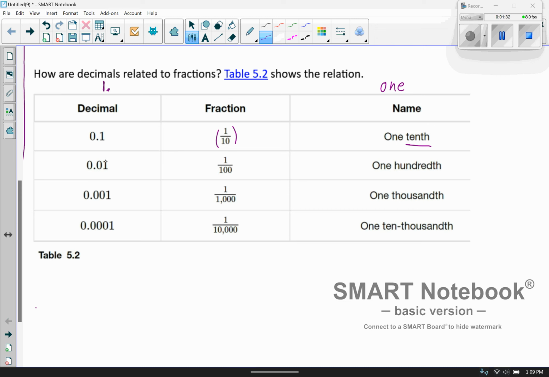Every time you divide by 10, you're going to get that extra zero place value. That's the same as 1/100th. You'll notice that we have the TH on the end of all these. Then we divide by 10 again, and we get 1/1000th. And here we divide by 10 again, and we have 1/10,000th. Keeping that in mind, I think we're ready to go ahead and do this.